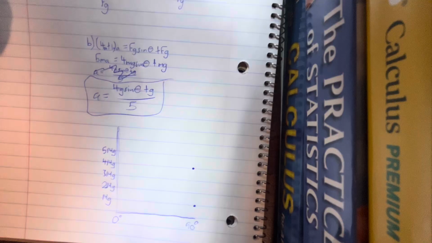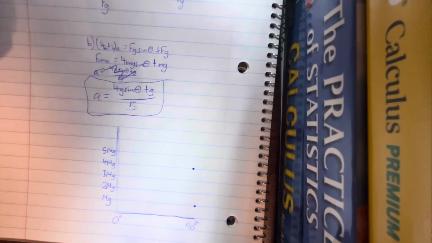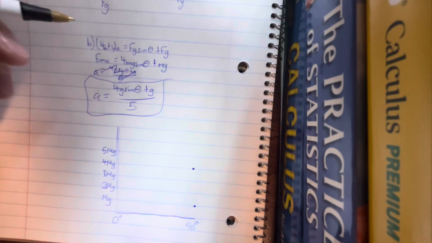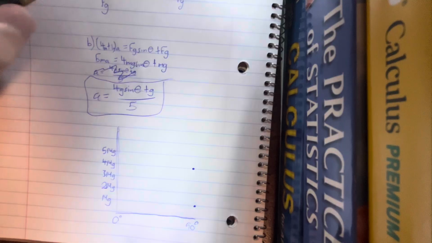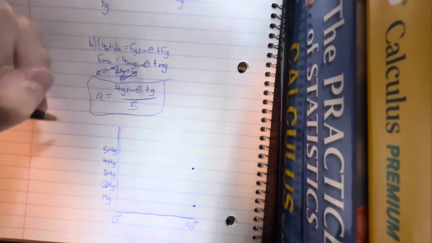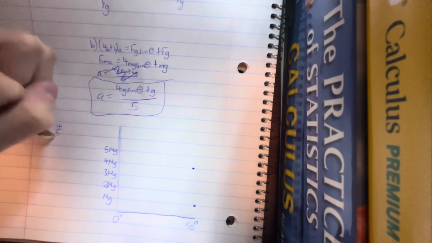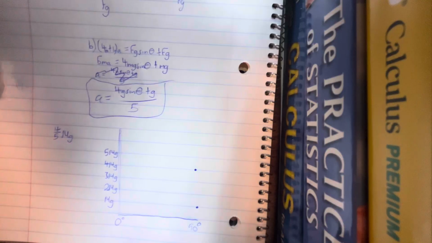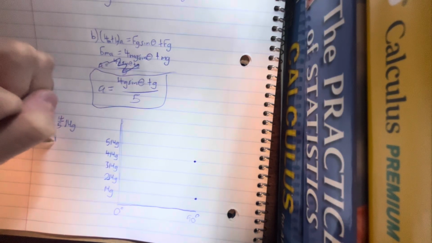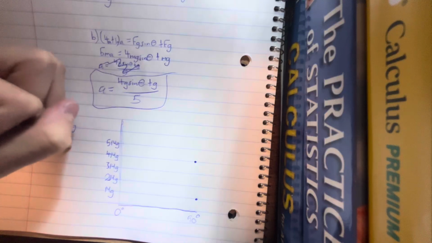Since it's sine theta for the gravity component, it's going to be curved. How do I say this? The net force at 0 theta for block A will be 4/5 mg, and block B will be 1/5 mg.